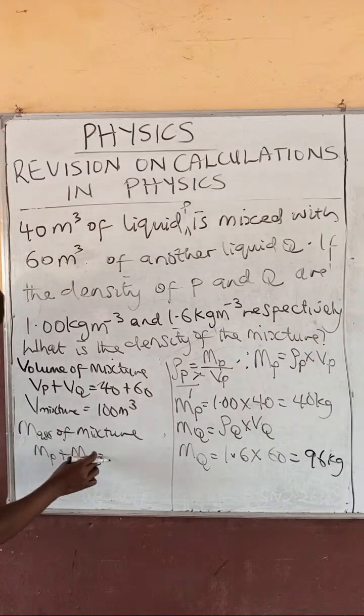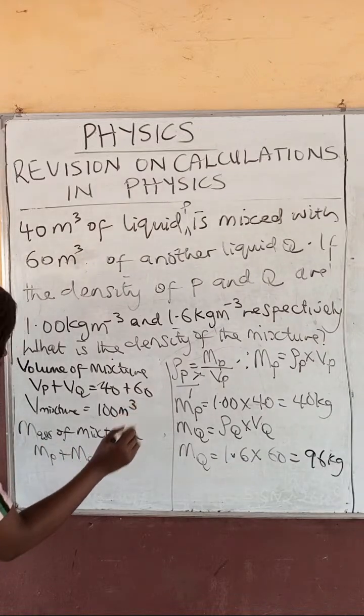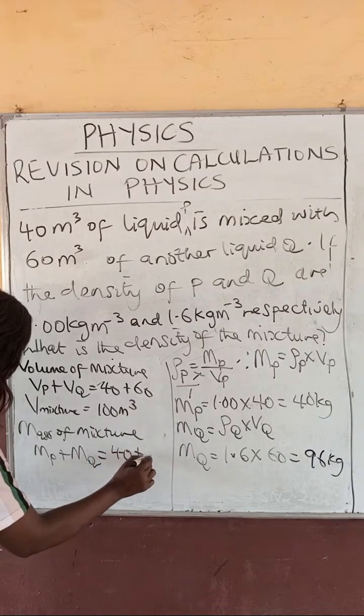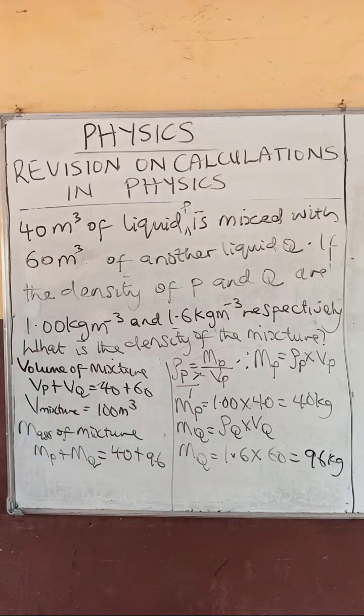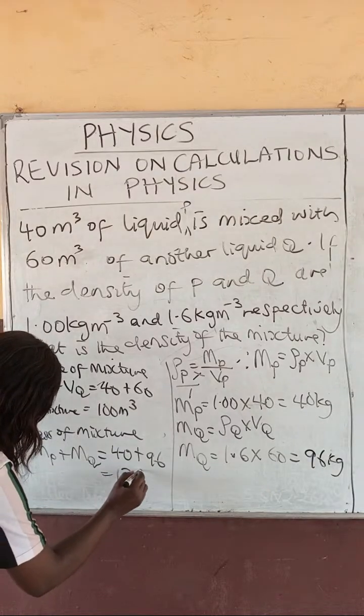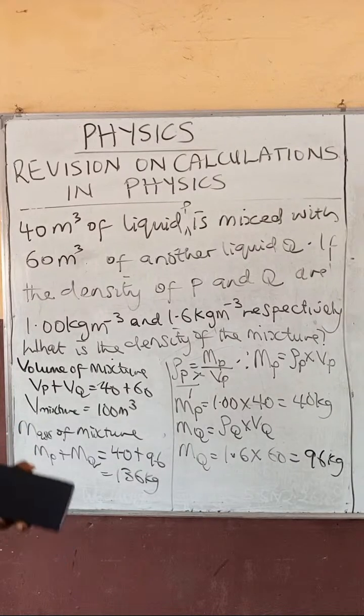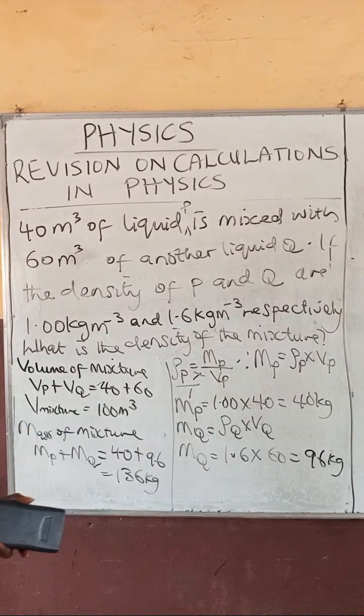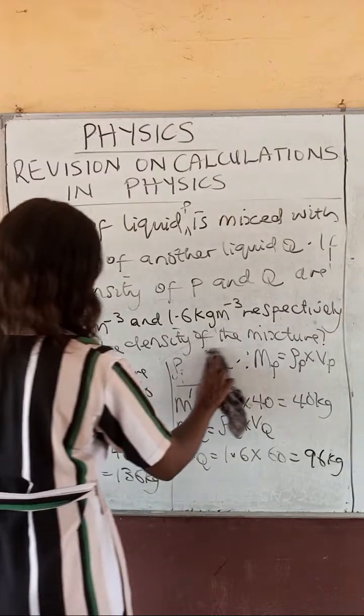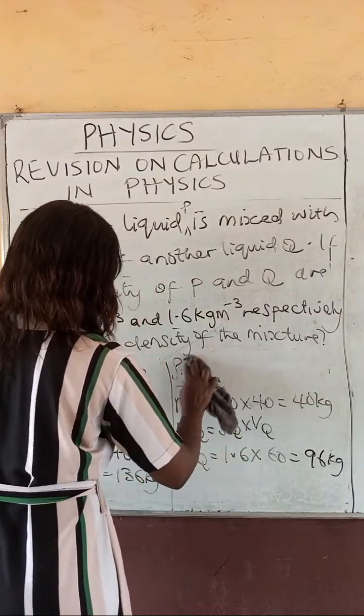So I have MP to be 40 plus 96. When you add, it's going to give me 136 kilograms, right? Now we have gotten the volume of the mixture and the mass of the mixture. Then this will help us to get our density of the mixture, because density is mass divided by what? Volume.